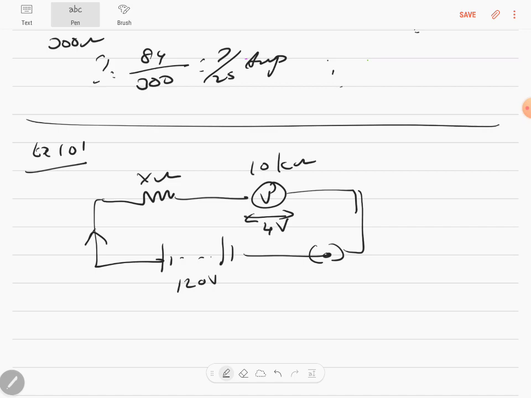Okay, the voltmeter shows 4 volts as the reading. What is the value of X? What do you think is the purpose of using a voltmeter instead of an ammeter to determine the large current? Okay, let's pass this.